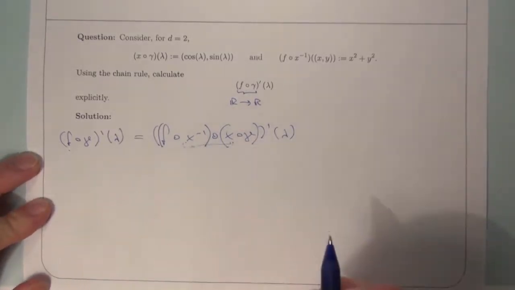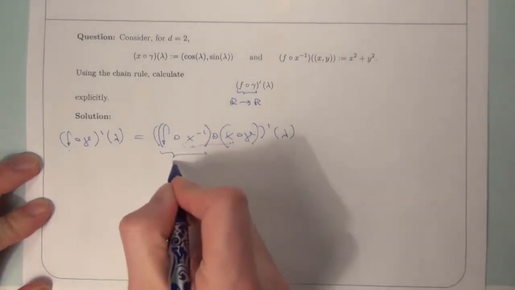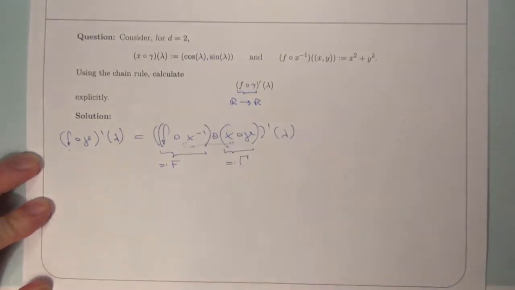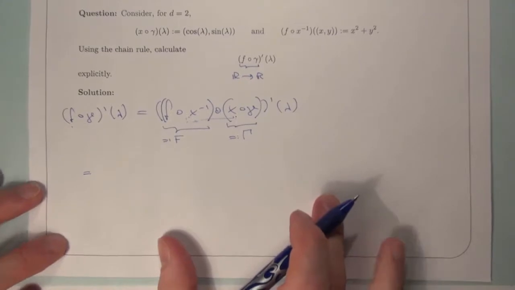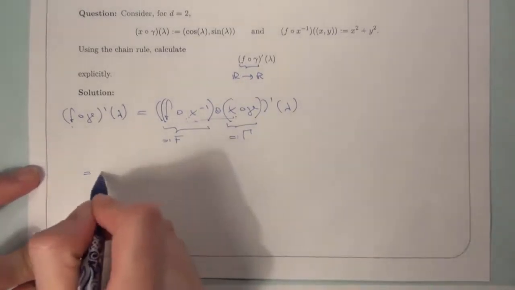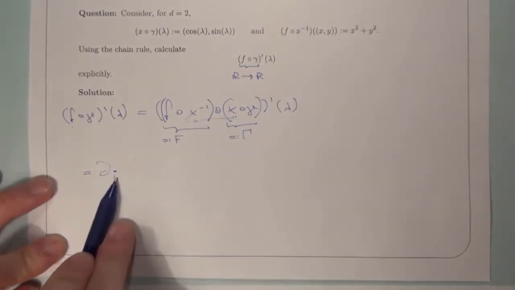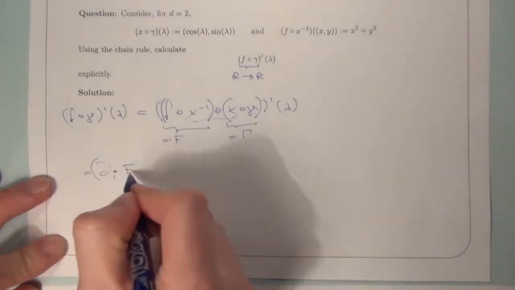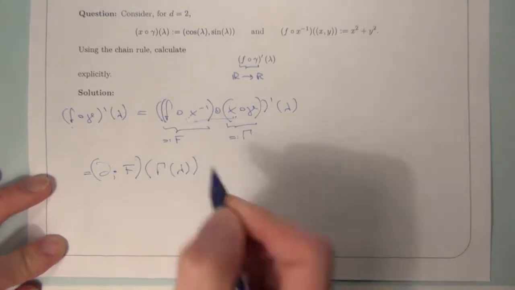In order to make this a little simpler, we define this one as capital F and that one as capital gamma, just to keep notation simpler. And now we want to apply the chain rule, and the formula goes like this. We derive with respect to the ith component, ∂_i, capital F evaluated at gamma of lambda.